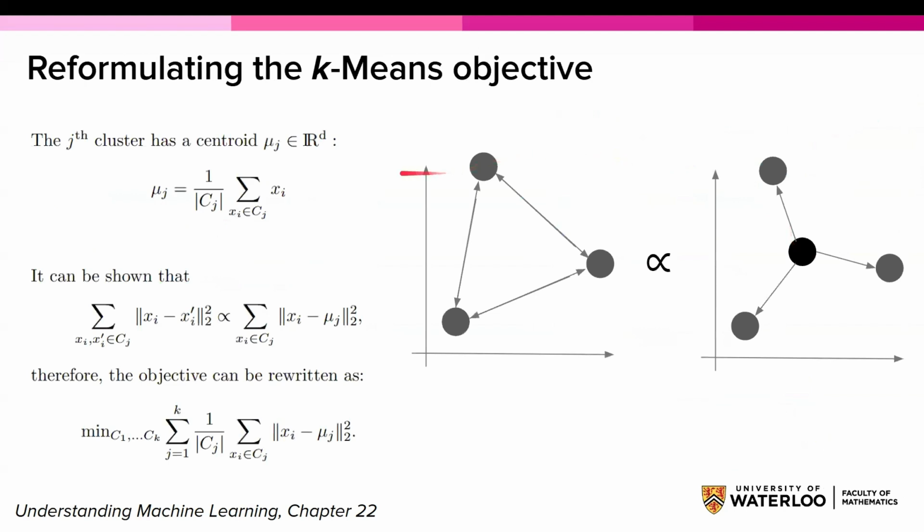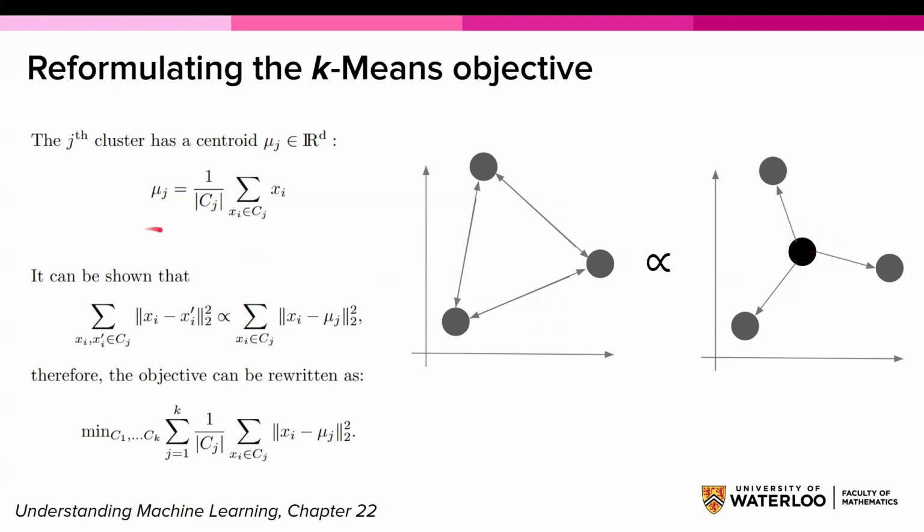And so in order to get to a point where we can find clusters that are lower cost and minimize that objective, something that's really convenient is that it turns out that the sum of squared pairwise distances within a cluster, shown here, is actually proportional to the sum of squared distances to the cluster centroid.